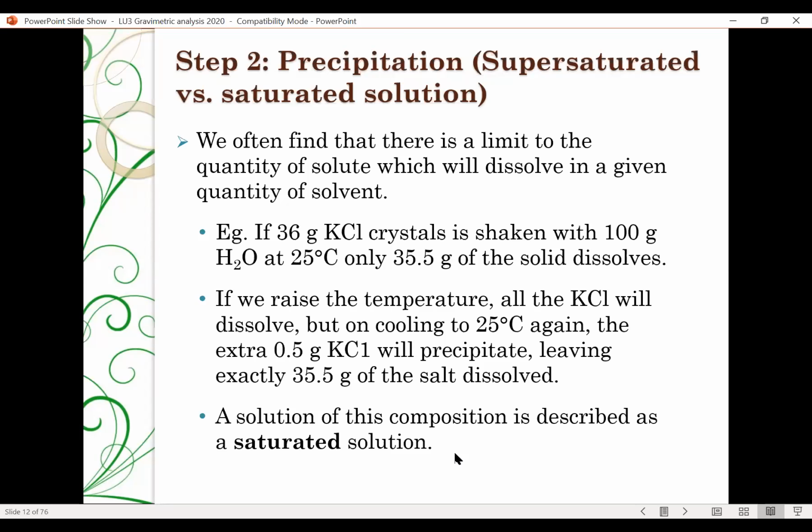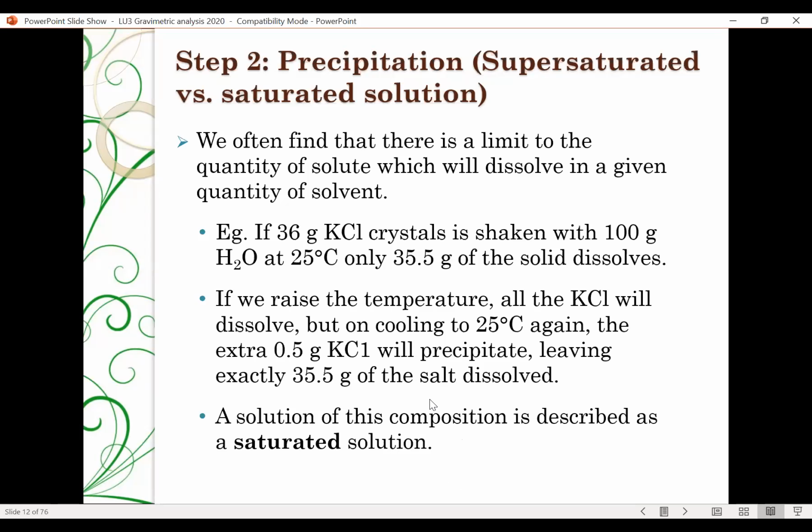I give you one simple example. When we want to make a large amount of drinks, for example syrup or cordial, we prepare sugar solution.